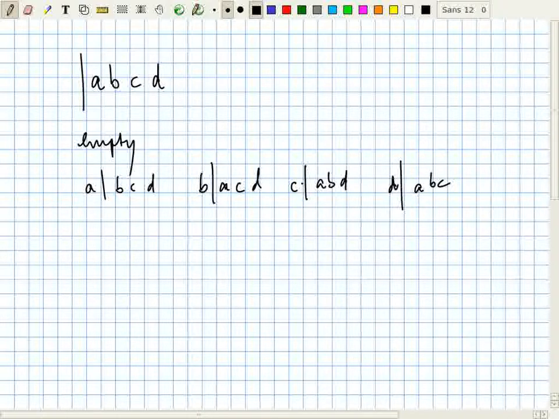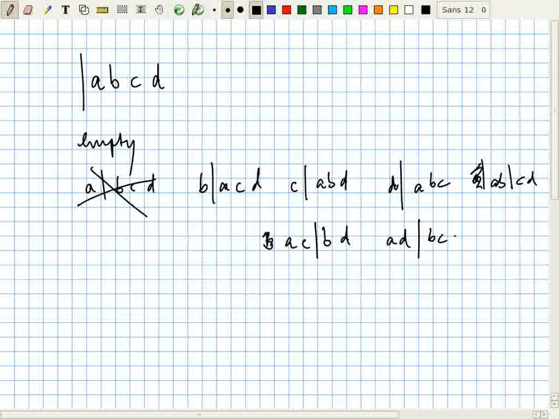Now I'm going to take the first one, take it out of the queue, and at the end I'm going to stick in, now I only have three letters to worry about, so I need to move to front, A, B, C, D, and then my queue gets longer, so I'm going to continue it on the next line here, A, C, B, D, A, D, and help me out here, BC. So these are strings that I still have to work on later, and they get stuck at the end of the queue.